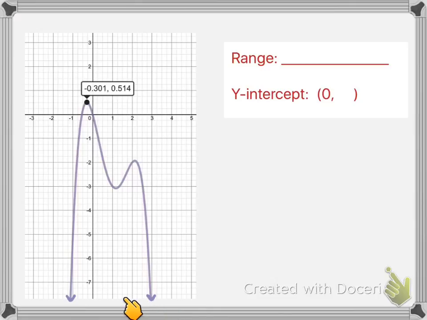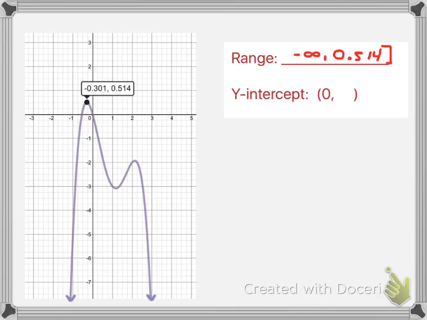So the bottom is clearly going to -infinity. And it tops out at this value here. It does not go above 0.514. So your range would be from -infinity, the bottom, to the top, 0.514.